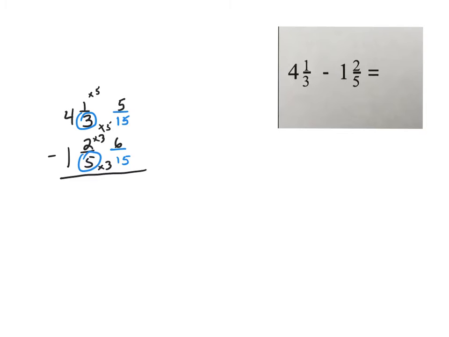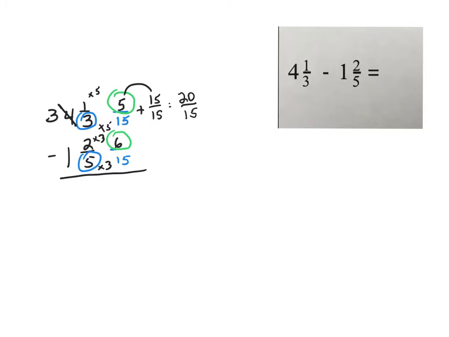Now we're going to notice here, you can't subtract 6 from 5. So we need to borrow a whole from the 4. And when we borrow, we're borrowing one whole. In this case, we'll need to borrow 15 15ths, which is one whole. So 5 plus 15 is 20 15ths.